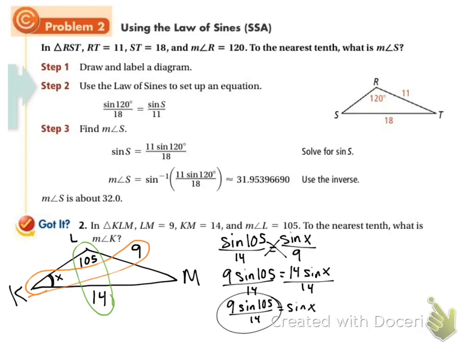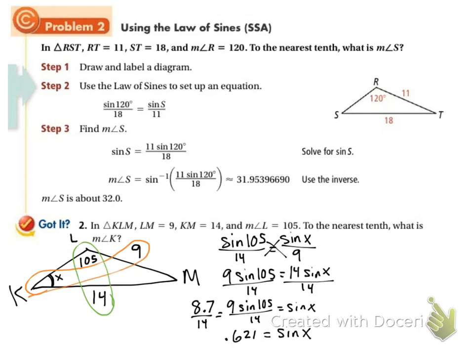So I'm going to put this stuff into a decimal. If I figure out the top, I get 8.7 over 14. I do 8.7 divided by 14, I get 0.621, how about? That is equal to the sine of x. Well, now I need to get rid of that sine out front. Think back, how do I get rid of sine? We have to do kind of the opposite, or what undoes sine?